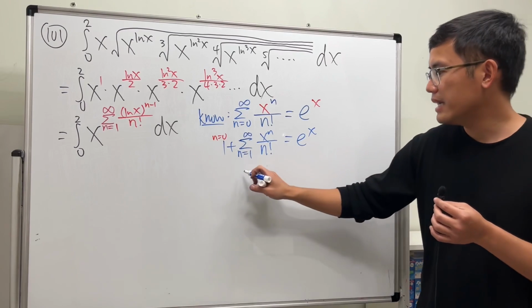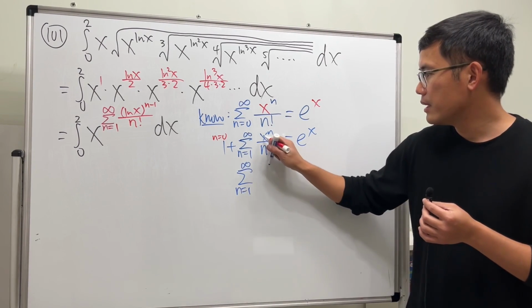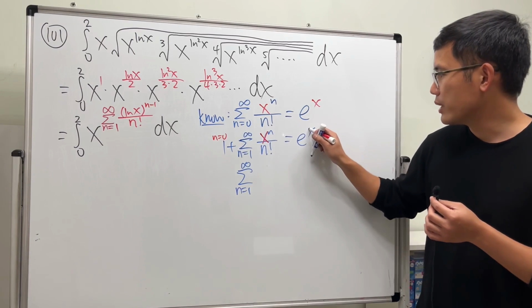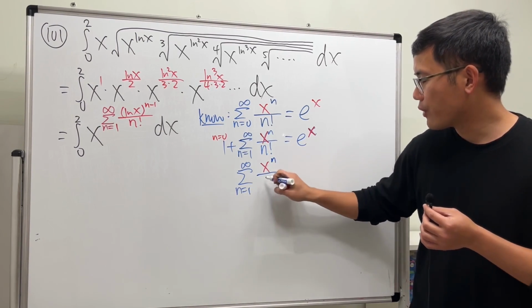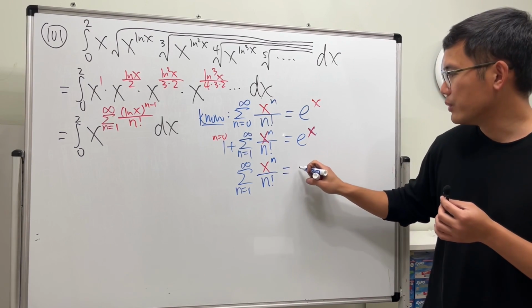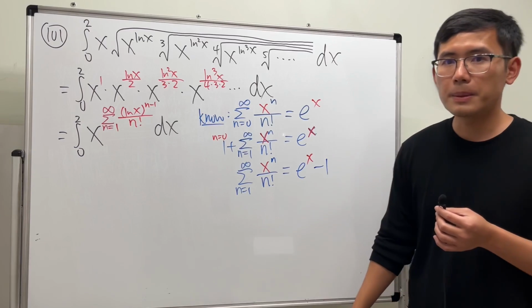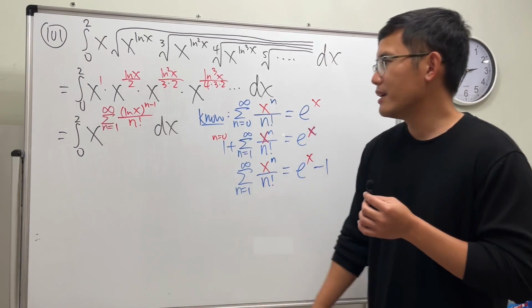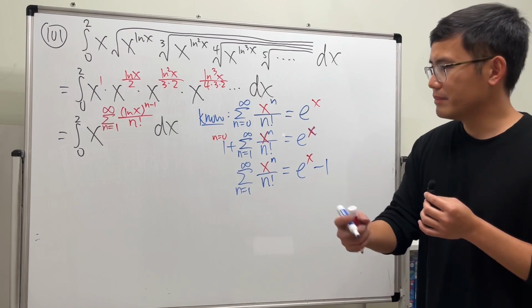Put this to the other side. We see the summation, n goes from 1 to infinity of x to the nth power over n factorial is equal to e to the x minus 1. That's okay. And then how should we deal with the minus 1? Let me show you.